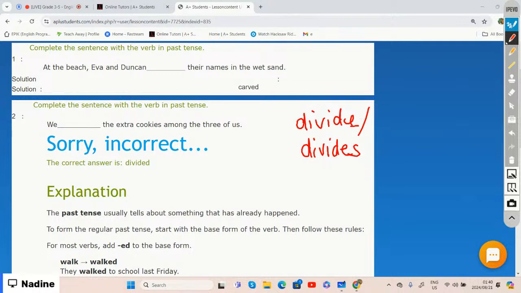What do we say? Do we say we divide the extra cookies amongst the three of us, or we divided? Sorry, this is a D.